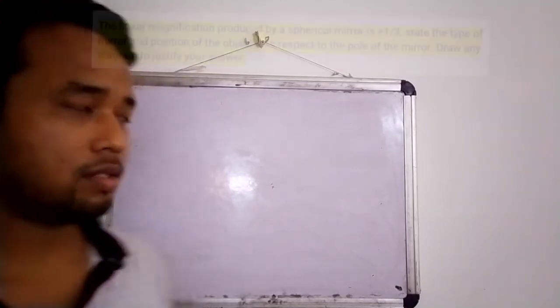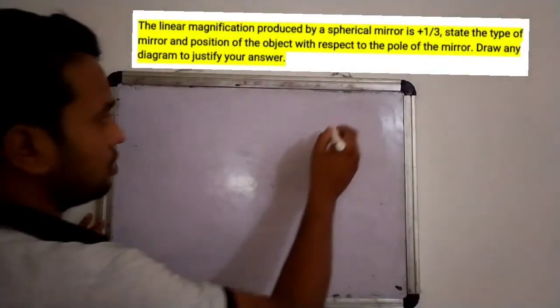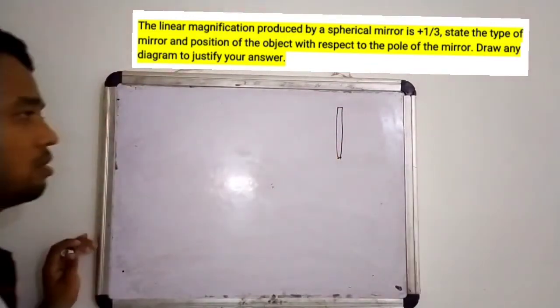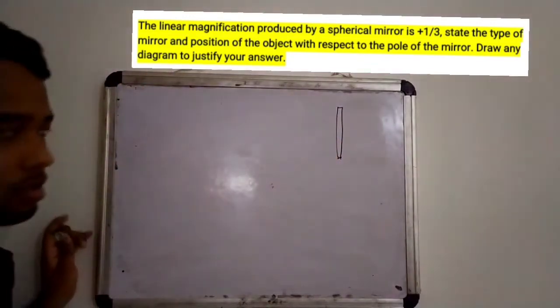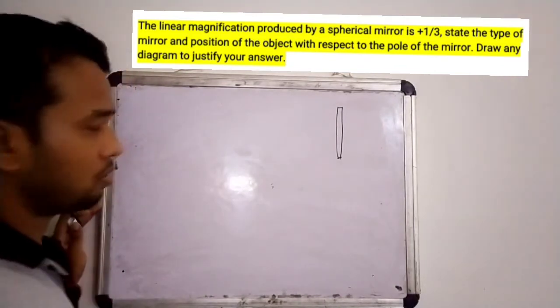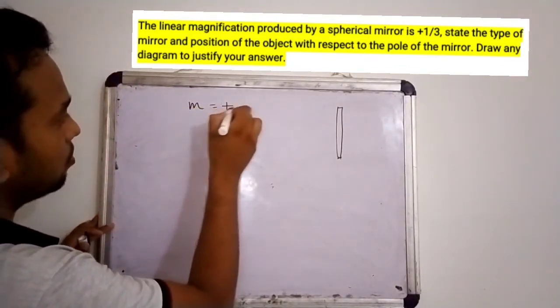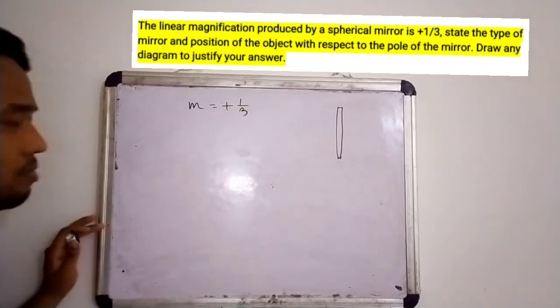Our next question is, again there is a spherical mirror. I don't know whether it is a concave or convex mirror, but the magnification is given as plus 1 by 3.